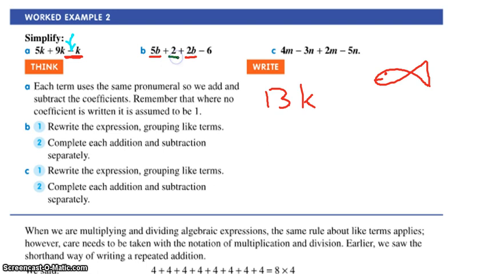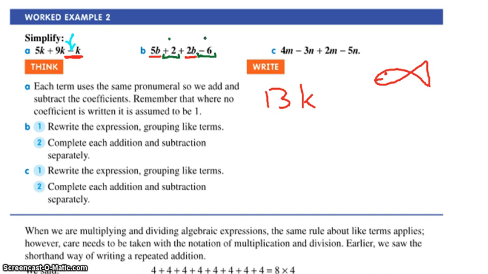And then underline the other ones. Now, don't forget, underline them, including the sign. The sign goes out the front of each number or each pronumeral or each coefficient. It stays with it. This is plus 2 here. This is minus 6, and it will always be minus 6, even if you move it and rearrange things.